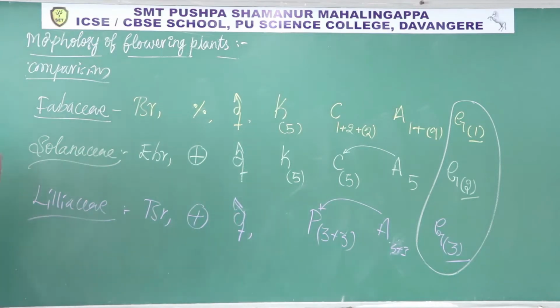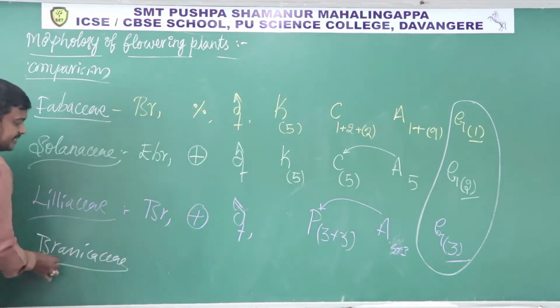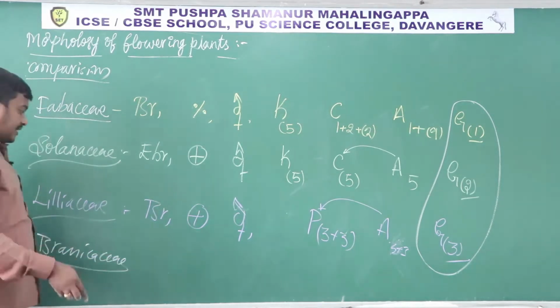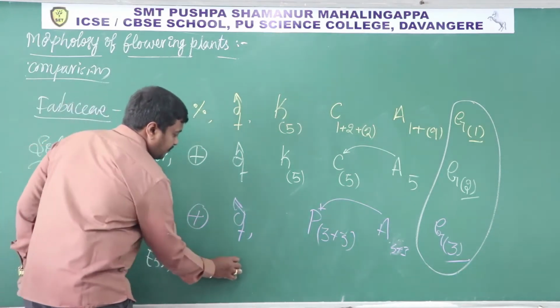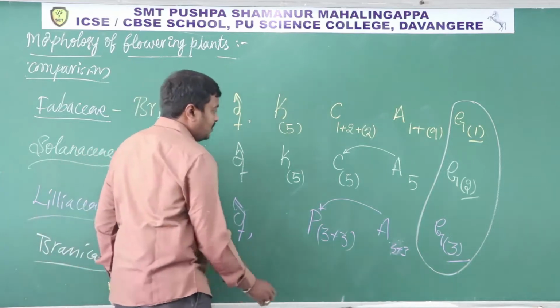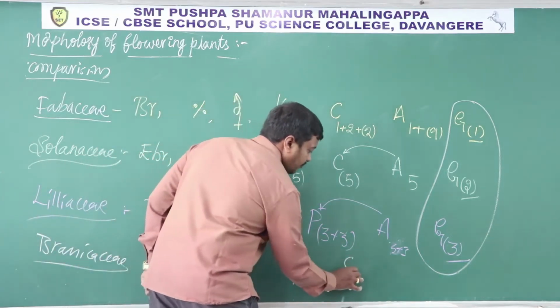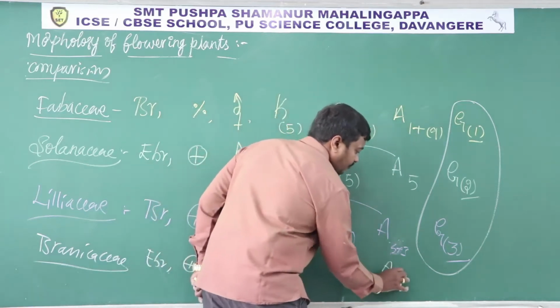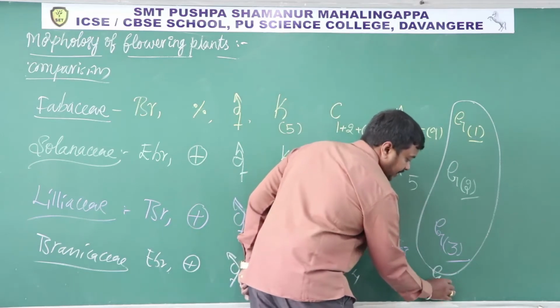yeah, that's it. In the same way, one more is there, that is Brassicaceae. So in Brassicaceae they will mention the floral diagram in the textbook. So it has bracteate, actinomorphic, bisexual, calyx 4, corolla 4, androecium 4+2, then gynoecium bicarpellary, syncarpus.